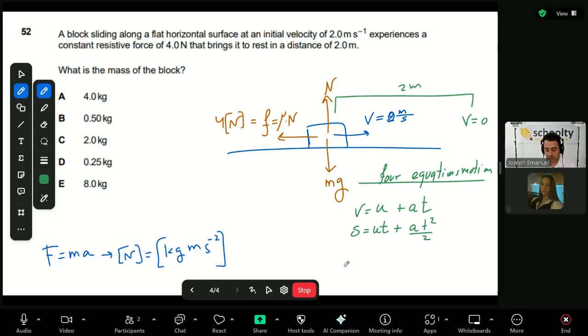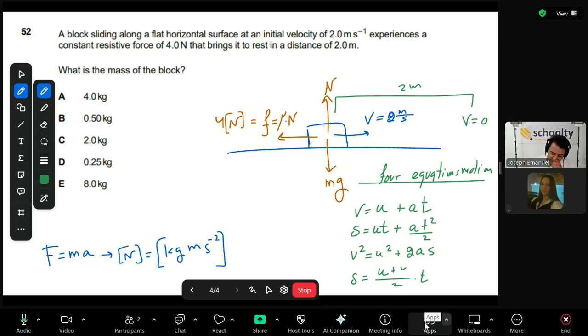S is distance, the usual, you can also write d if you are used to d. V square equals u square plus 2 times acceleration with s distance, and the distance is actually the average speed multiplied by time.